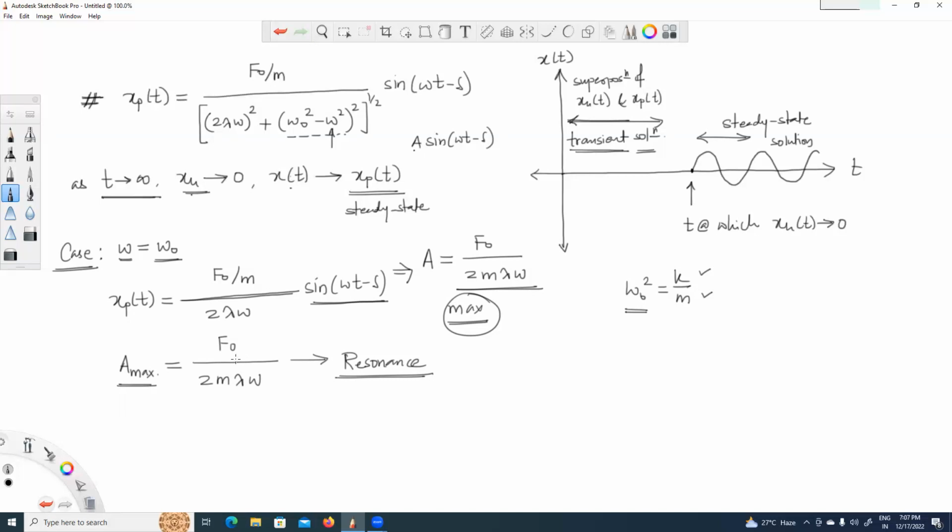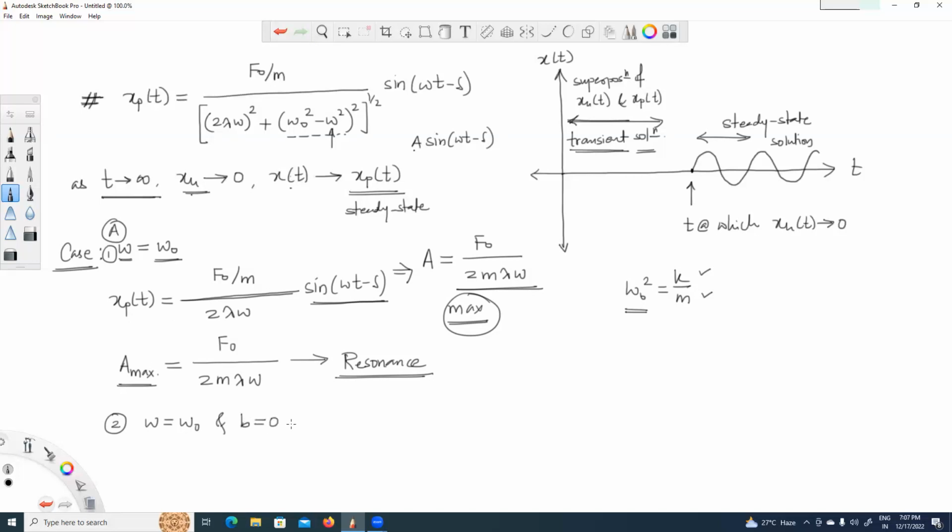Now, going beyond this, suppose I don't have the damper. Let's call this case A, this is the first one, this is the second one. Within this case, I have omega, the forcing frequency, equal to the natural frequency, and I don't have a damper.